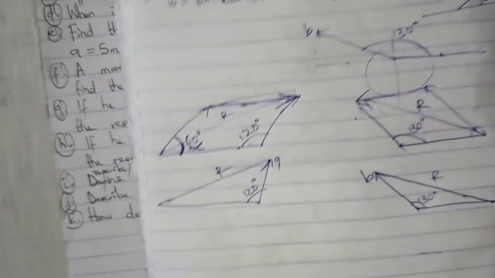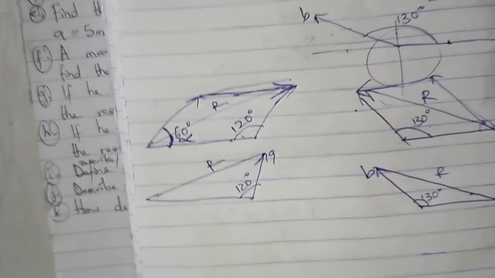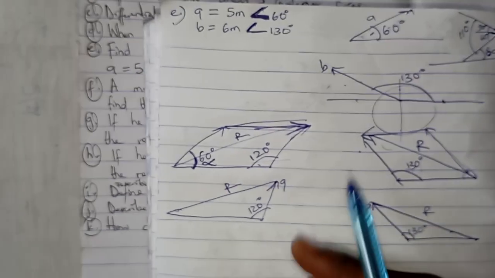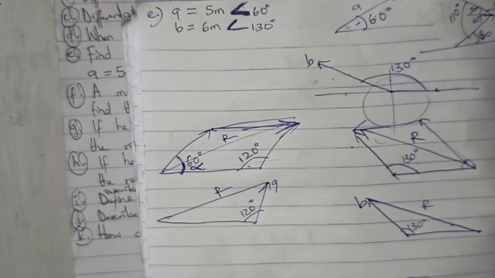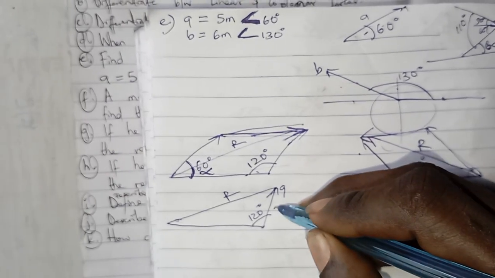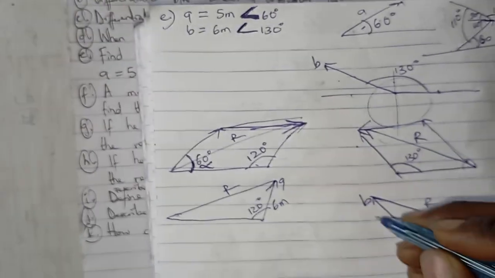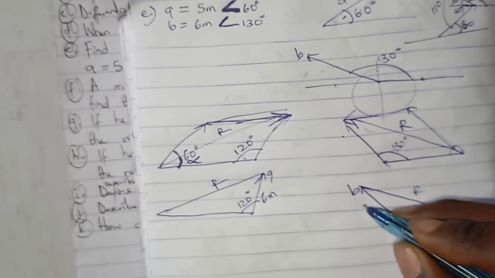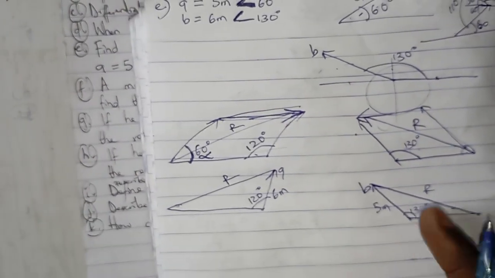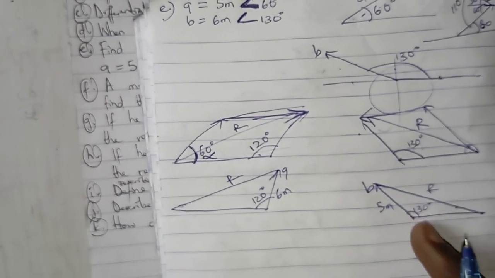But let's see if we can work with it. So I have this side. This side is 6 meter. I have here, this is 5 meter. Okay, so this is all I have, 5 meter, 130.